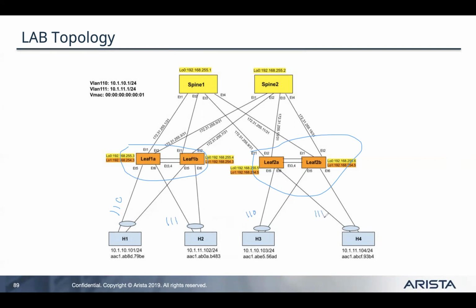Now when I'm pinging from H1 to H4, that is VLAN 110 to 111, two different subnets, the ping is not successful. In the lab, I'll ping from H1 to H4 and the ping is not successful. I want your help to check step by step where the problem is.